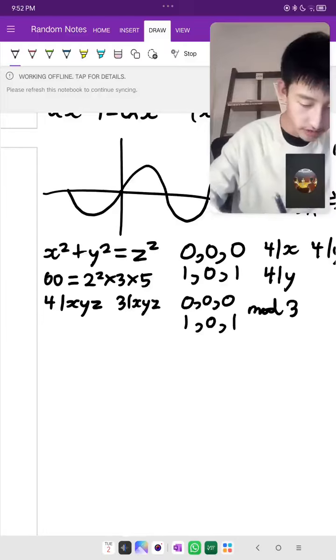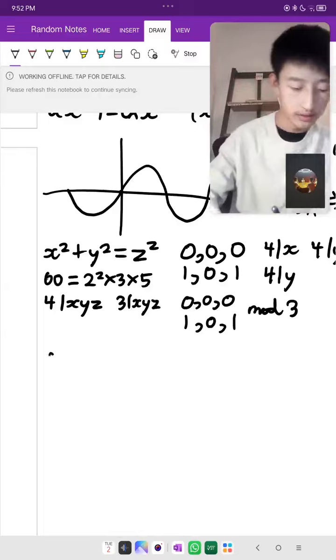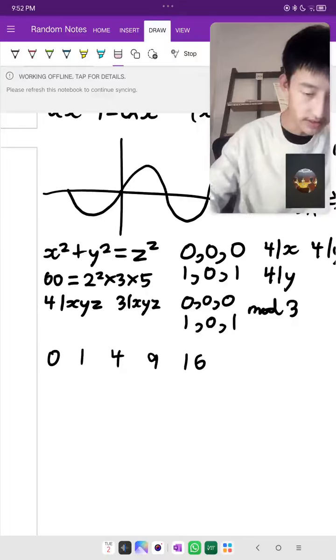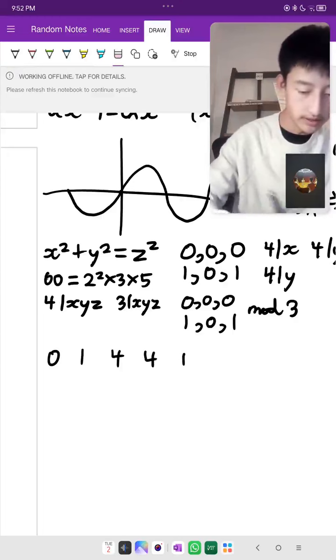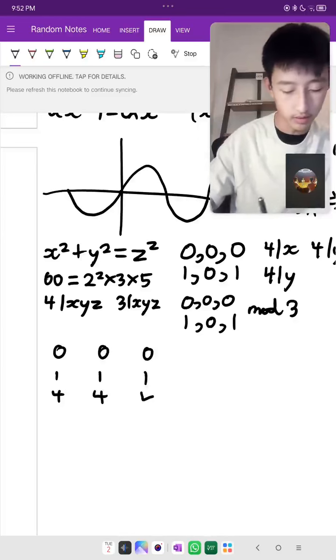Now, if we do 5, we have 0, 1, 2, 3, 4, which square to 0, 1, 4, 9, 16. Mod 5, these are 0, 1, 4, 4, 1. So we get 0, 1 or 4, then plus 0, 1 or 4 to get 0, 1 or 4.